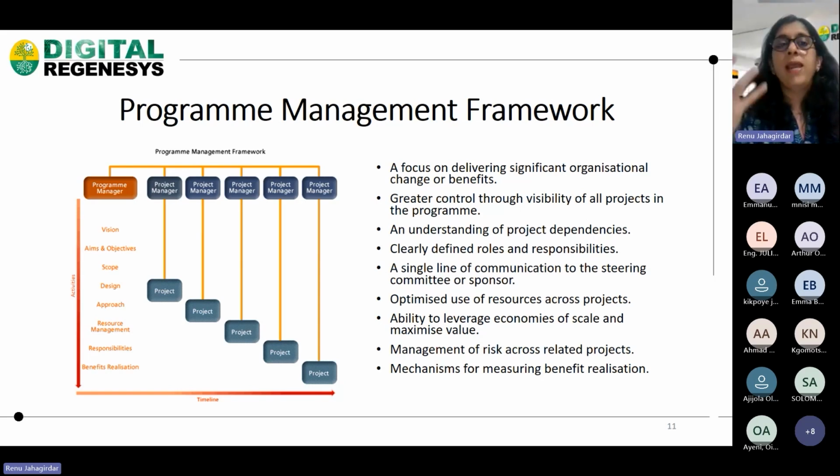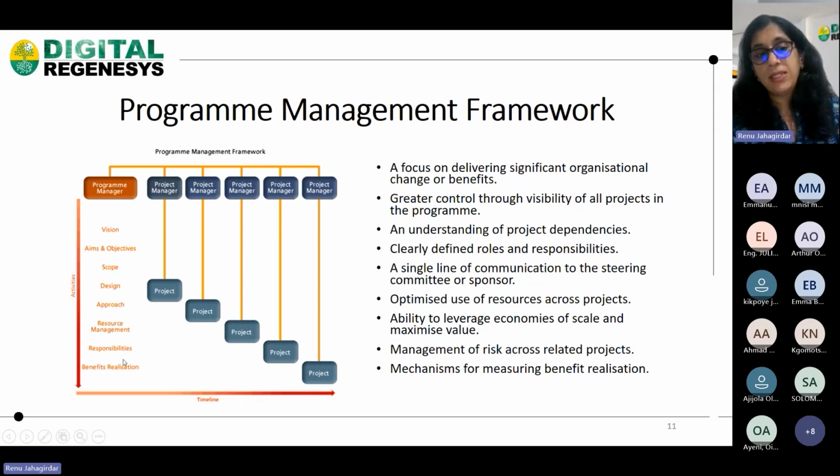What is the responsibility of every project manager, how big a team he has, what is the responsibility of his team members, and benefits realization. Very, very important. What benefits is every project giving to the organization?